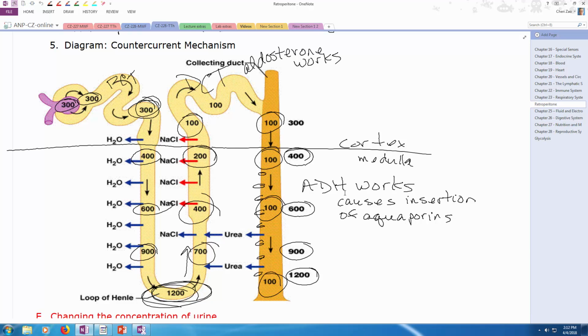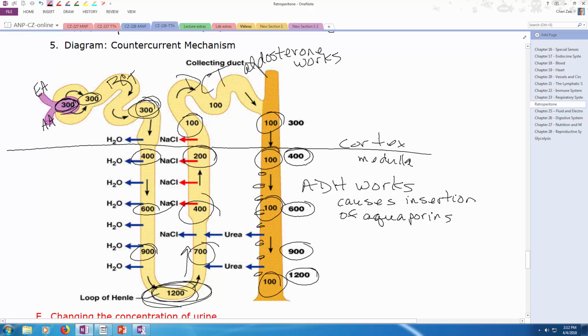So here we are at the very beginning. We're at 300 milliosmoles as far as the osmolarity of our blood. Now we have our filtrate. Remember, our afferent arteriole is larger in diameter. Our efferent arteriole is smaller in diameter.